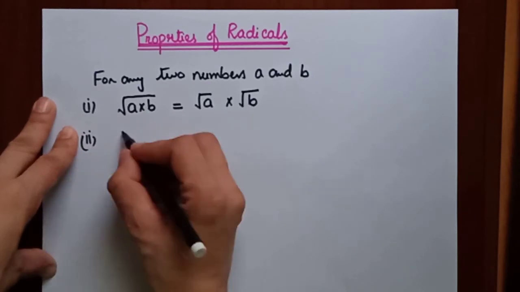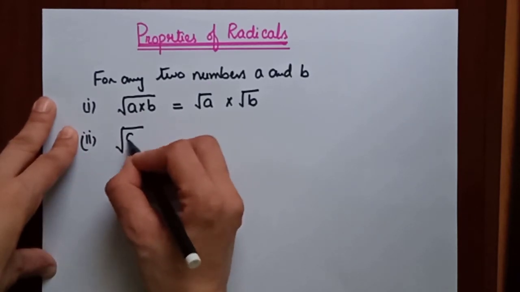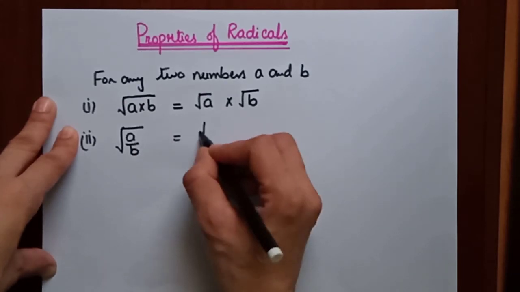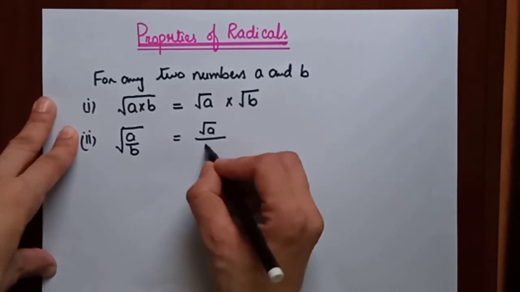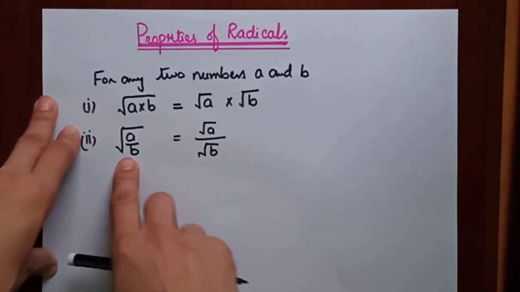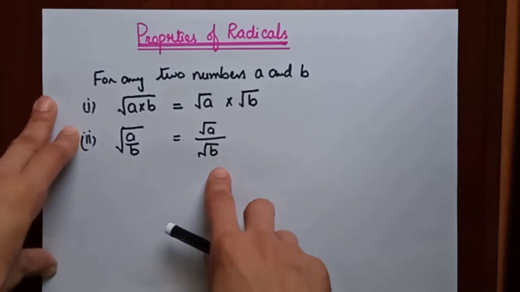Similarly, square root of the quotient a by b is equal to square root of a divided by square root of b. We can separate the square root to both numerator and denominator.